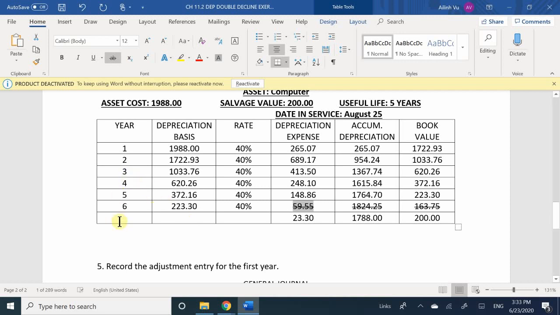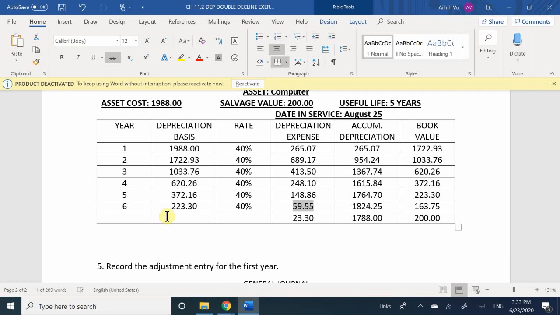But yeah, if you just notice that in my 6th year, I started off the year with $223.30. If I were keeping really good track of my asset, I should know that by the end of the day, I need to have at least 200. From right there, if I didn't know that, that would have been fine.